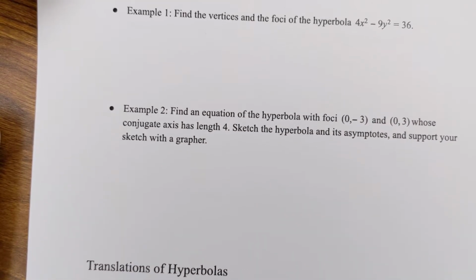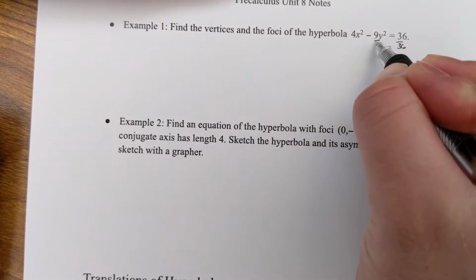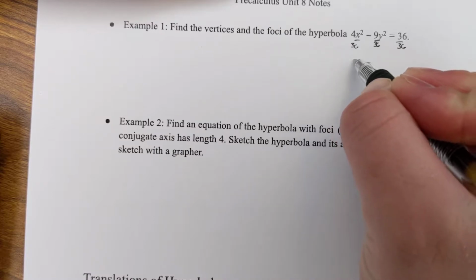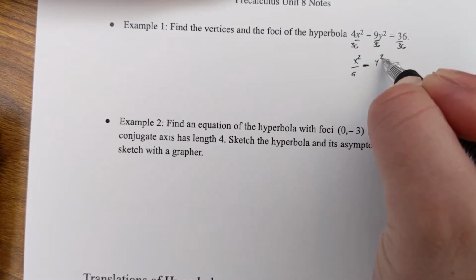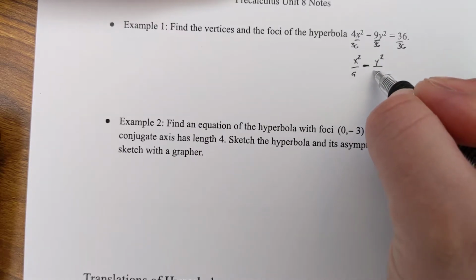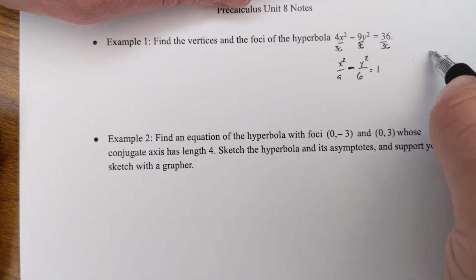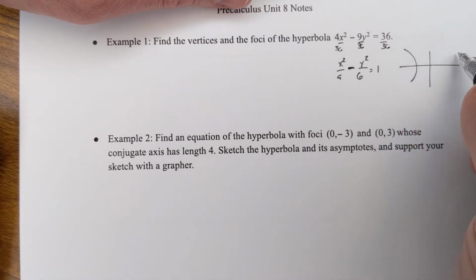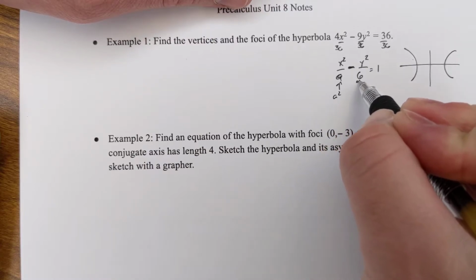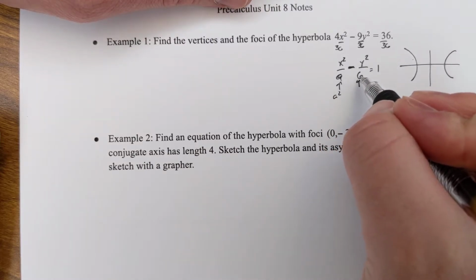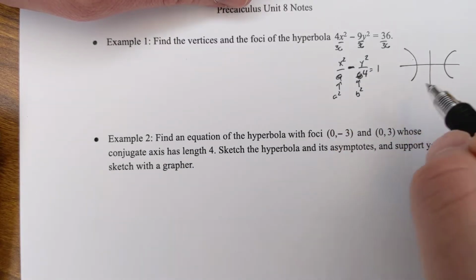Okay, example 1. Find the vertices and the foci of this hyperbola. Just like with ellipses, they're equal to 1. So x squared over 9 minus y squared over 4 equals 1. Since x is first, this hyperbola is opening left and right, which means this value here is a squared, and this value here is b squared, which is 4.